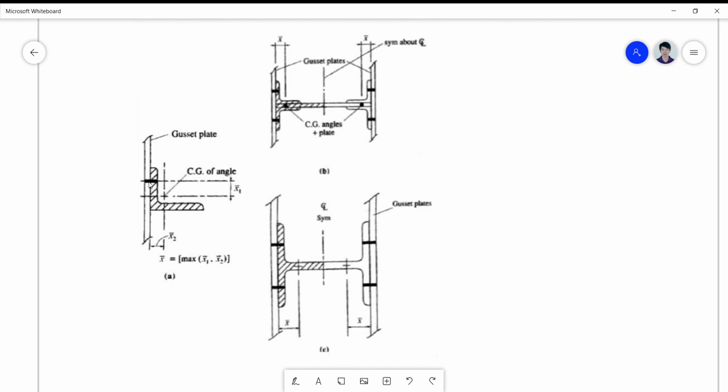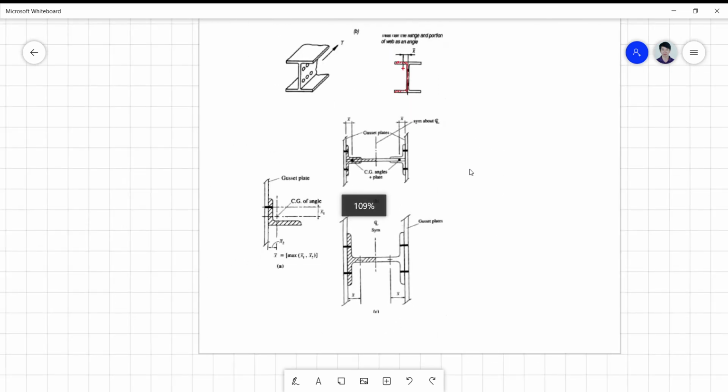And so with this, X bar 2, and this is X bar 1. Okay, centroid to the element of the interfacing element wherein your connection is placed. Okay, and so on.